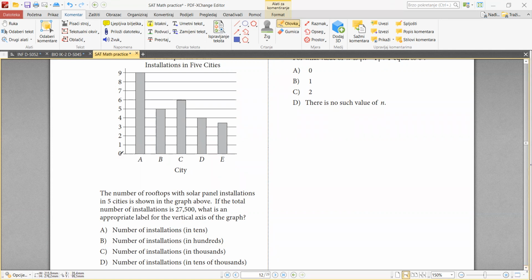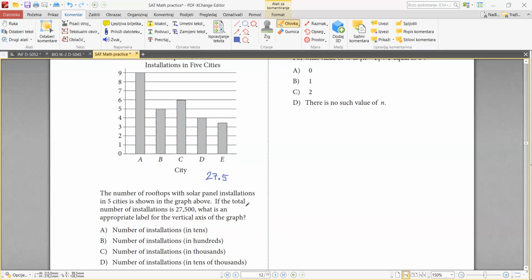So we see that we have numbers from 0 to 9. The sum is then 9 plus 5 plus 6 plus 4 plus 3.5. And this sum is equal to 27.5.